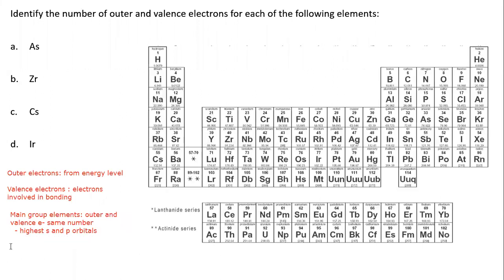And for transition metals, we'll write transition metals over here. The outer electrons come from the highest s orbital. Valence electrons is the sum of the s and d orbitals.